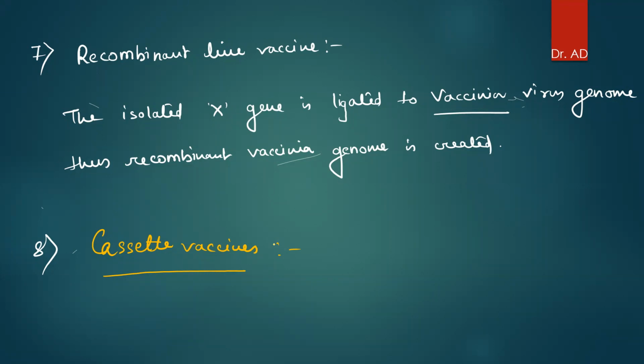Here also, the vaccinia virus genome is used as a vector. It carries the gene of interest from more than one pathogen.